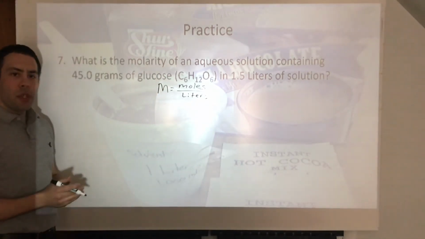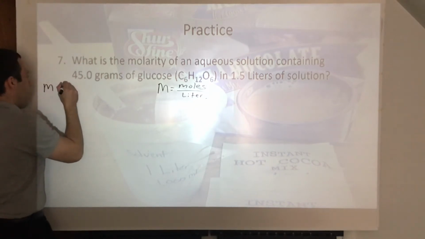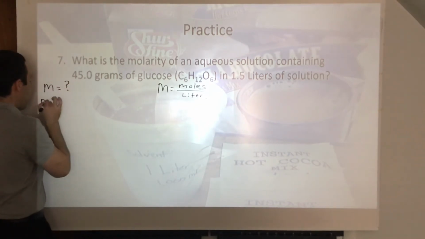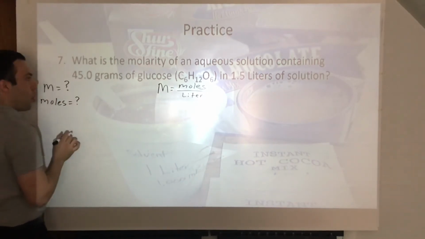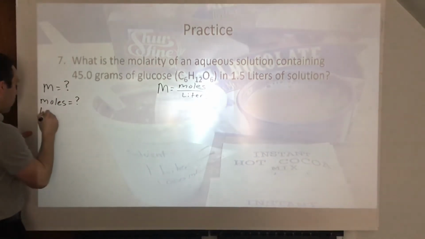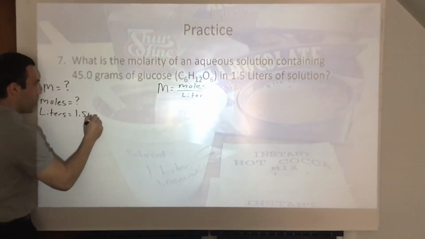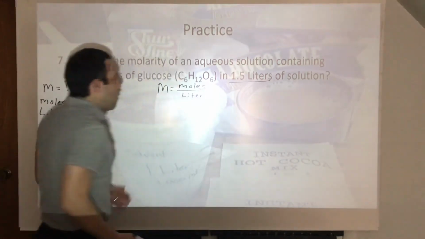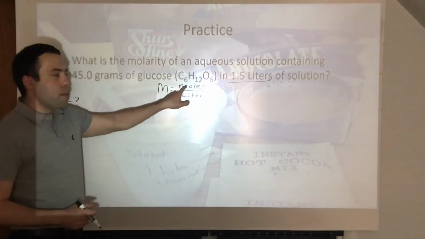But when we do our knowns and unknowns, we don't know molarity, we don't know moles. The only thing we know is liters, 1.5 liters. So before we can plug numbers into the molarity formula, we have to find the number of moles.